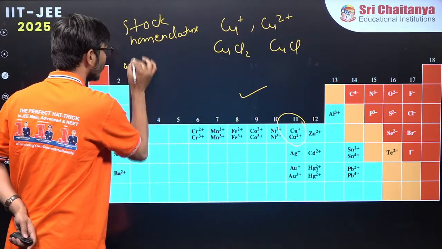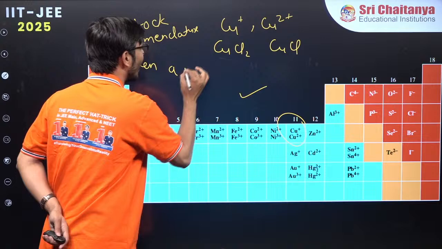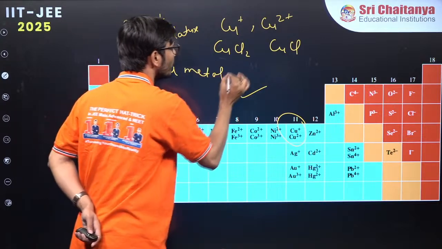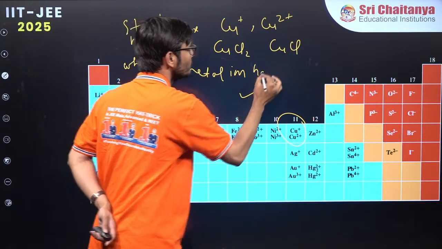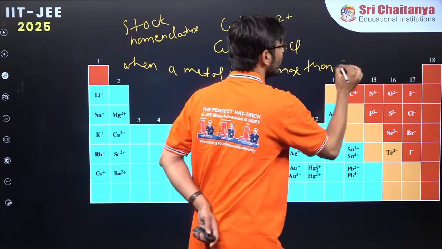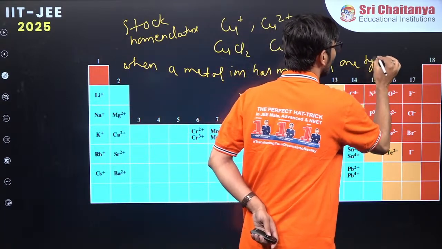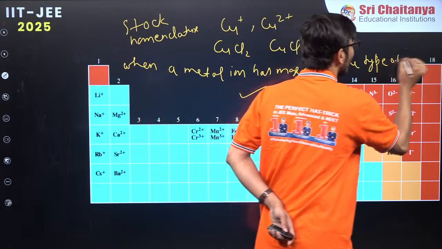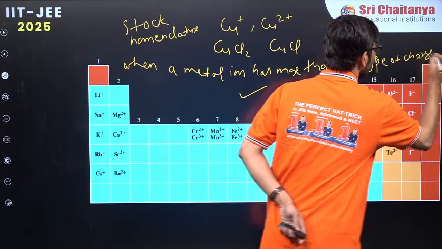When a metal ion has more than one type of charge, then what do we write?